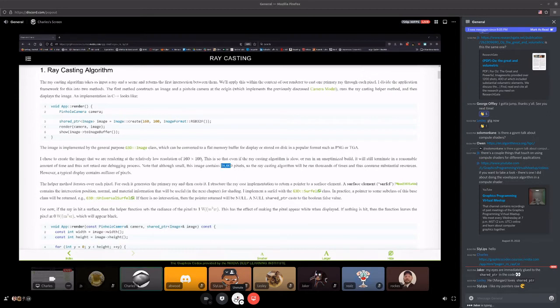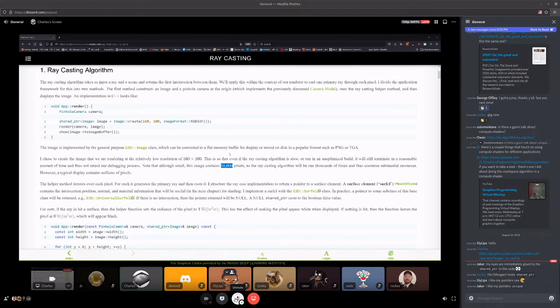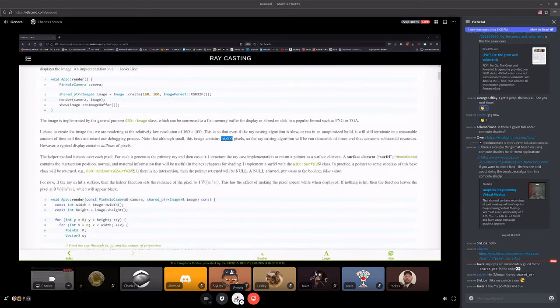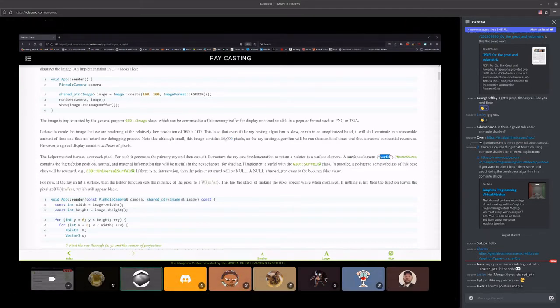160 by 100 pixels is still 16,000 pixels, so it's not an impossibly small image. It's just that compared to modern computers, it feels very small. So surfel is introduced as a term.